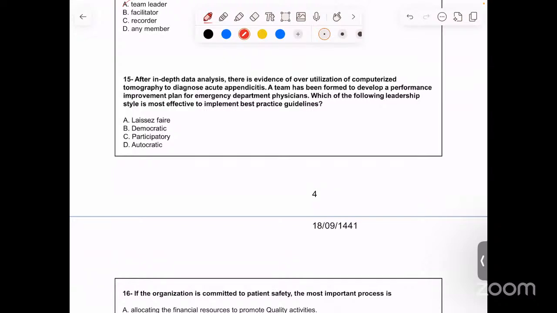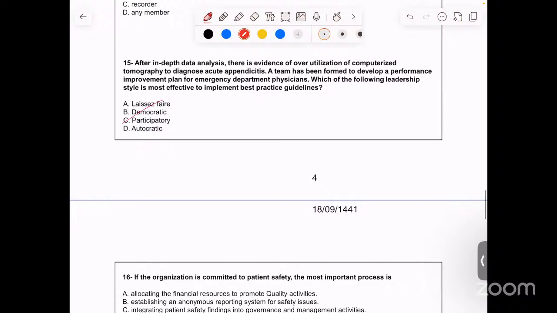A, laissez-faire, B, democratic, C, participatory, D, autocratic. Yes, it's the participatory. If data analysis shows overuse of the CT scan for small wounds, which leadership style is best to implement the improvements? So we have the participative leadership because this involves the whole team.